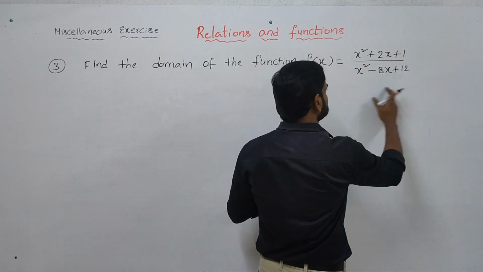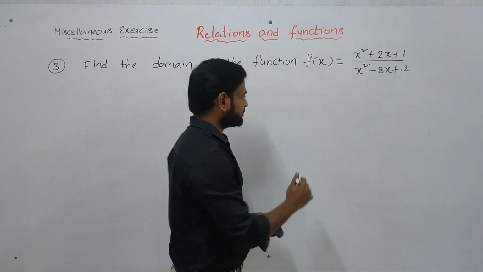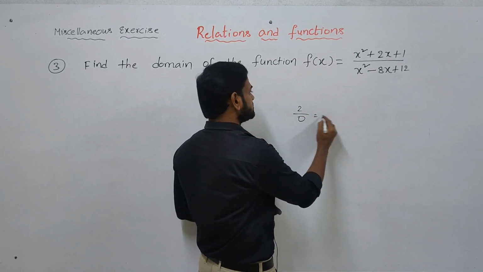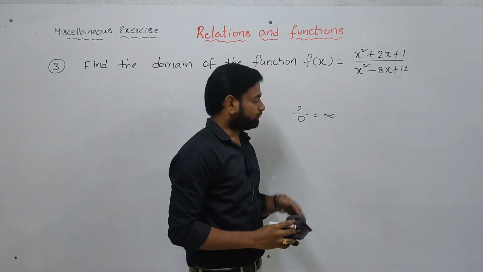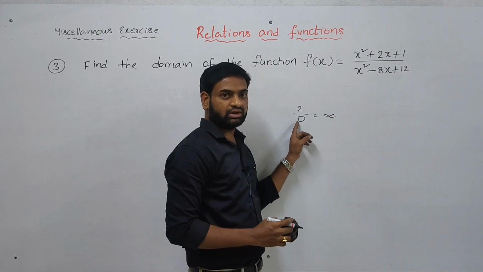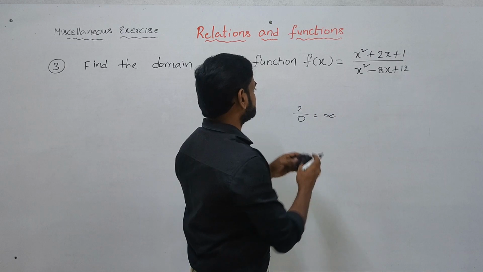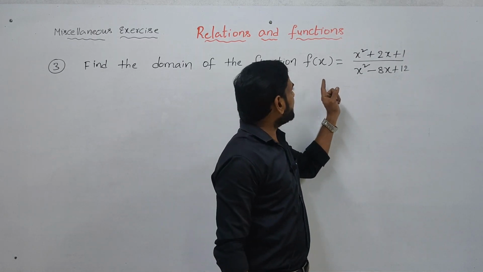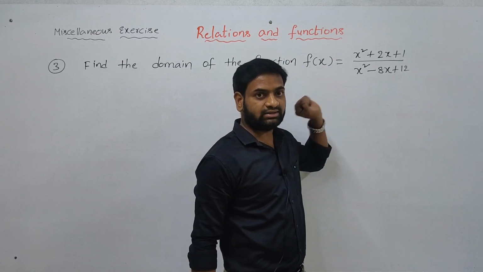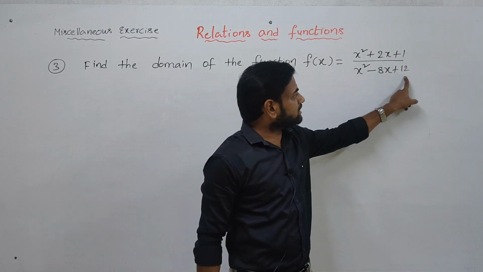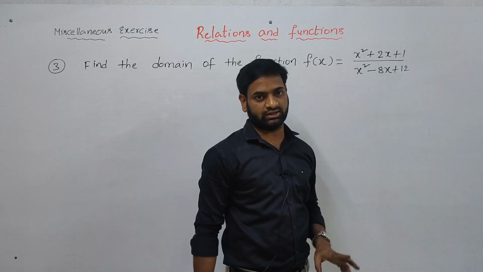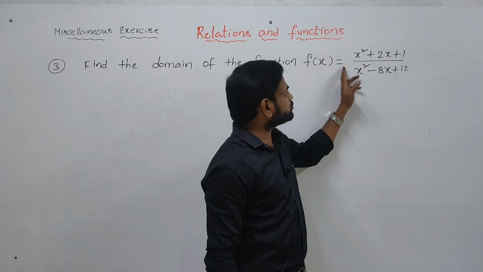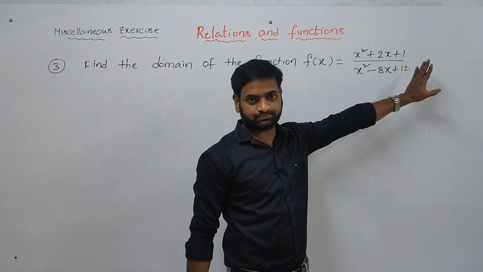When the denominator is 0. Suppose 2 by 0 is there, anything by 0 is not defined. When the denominator is 0, the function is not defined.